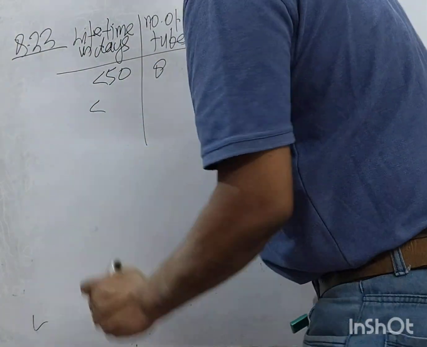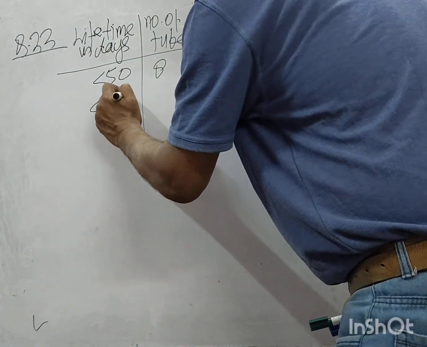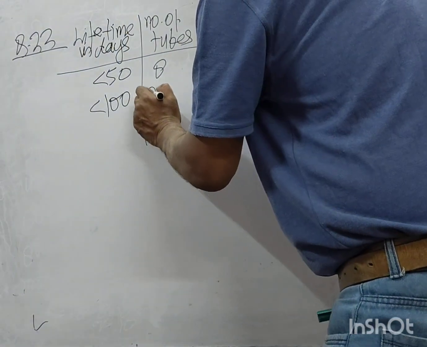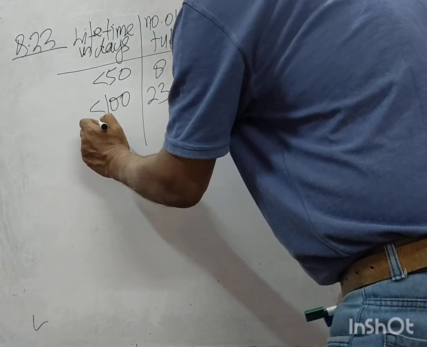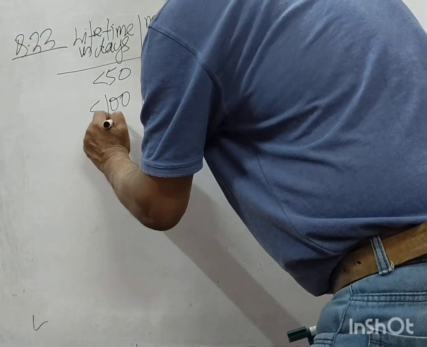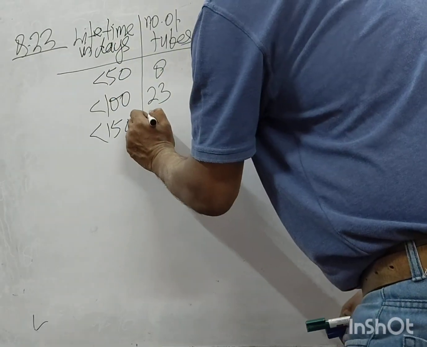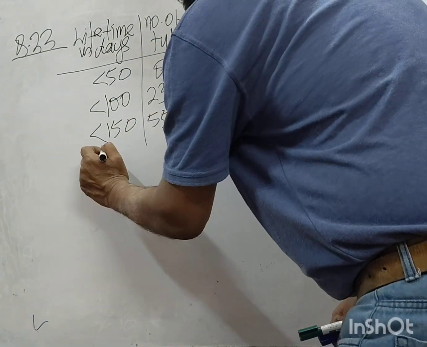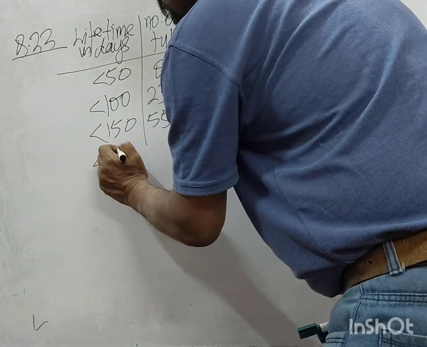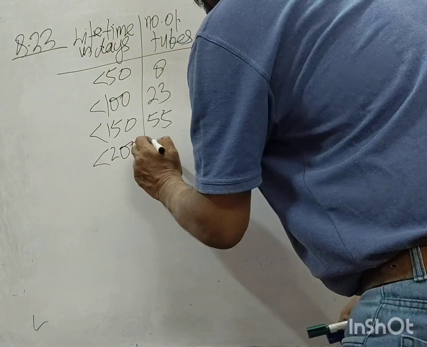Less than 100, how much? 23. Less than 150 is 55. Less than 200 is equal to 81.